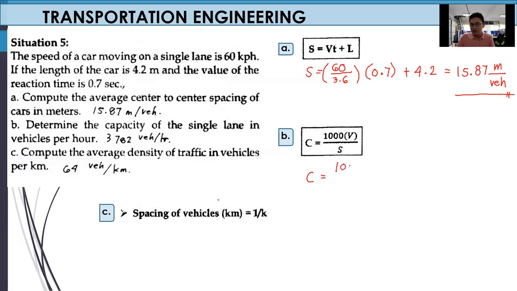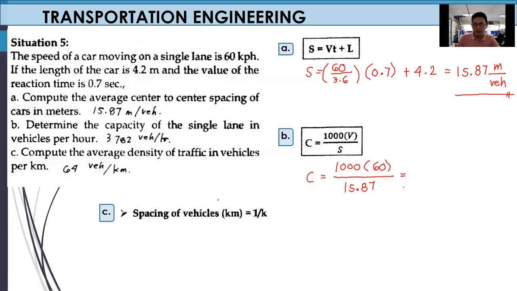So, lagay lang natin 1,000 multiplied by 60 divided by our spacing. Ayan. Then, S natin is 15.87.